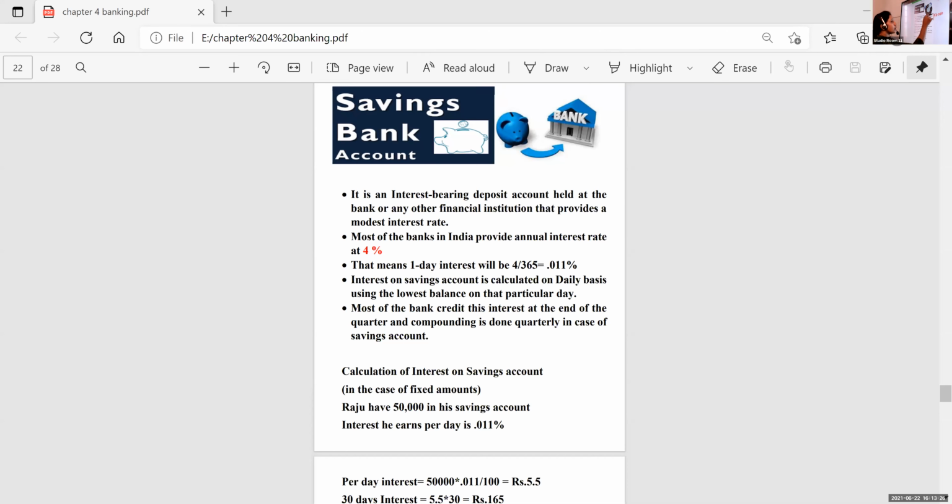So this is constant in my savings account. How will we calculate the interest? 50,000 into 0.011 divided by 100.